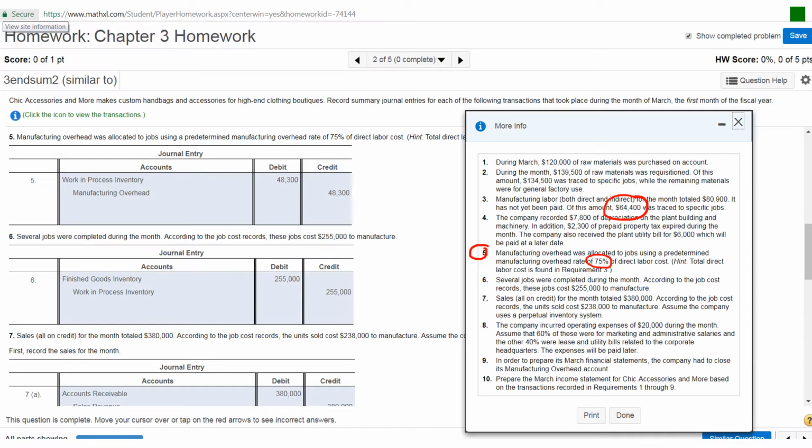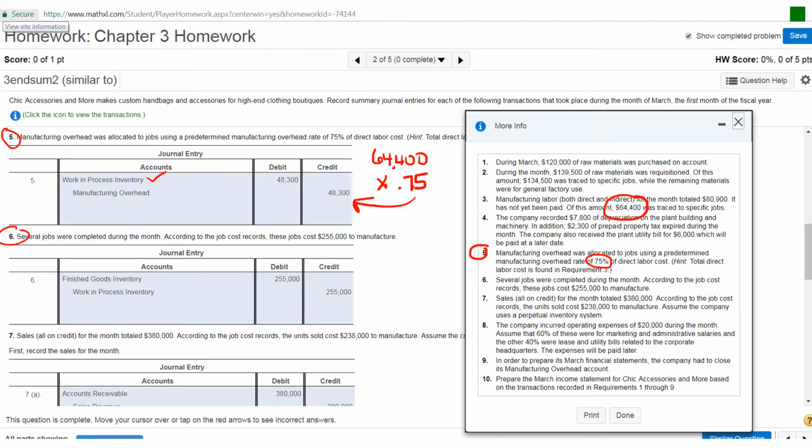So to do the allocation, you take the 64,400, that's your activity, and multiply that by 0.75. That's going to give you your overhead allocation. So you debit that to work in process, and the credit goes to manufacturing overhead. So that's transaction number 5.